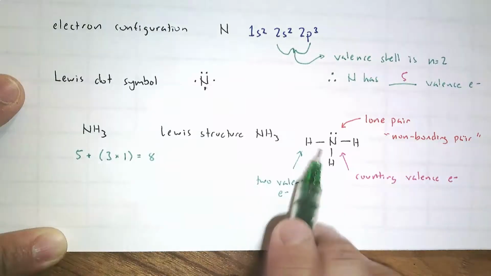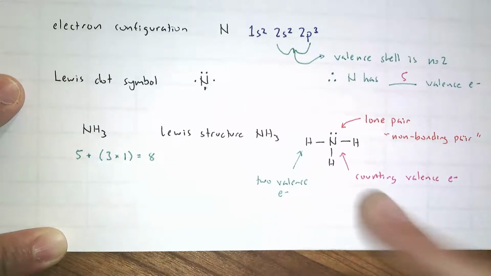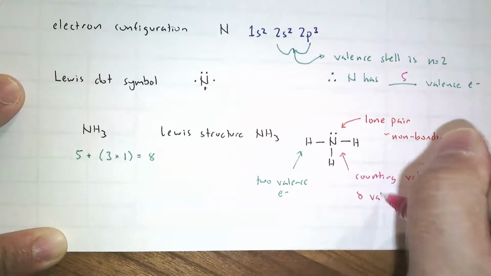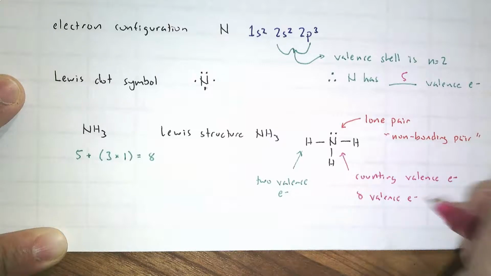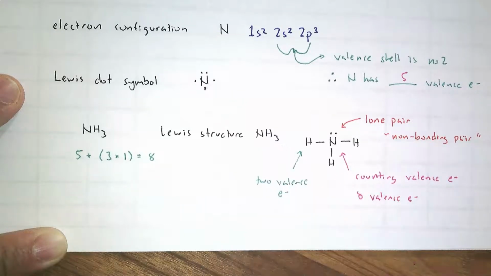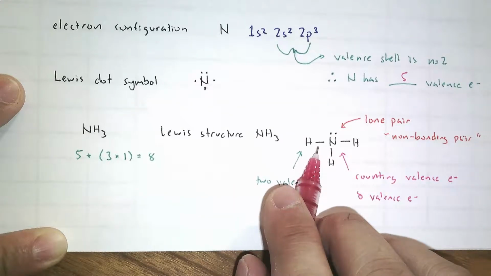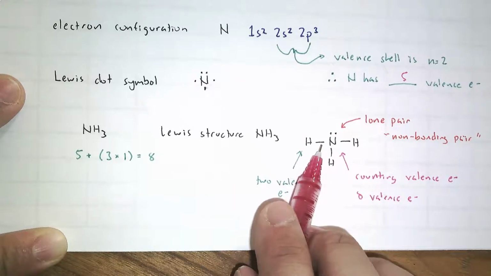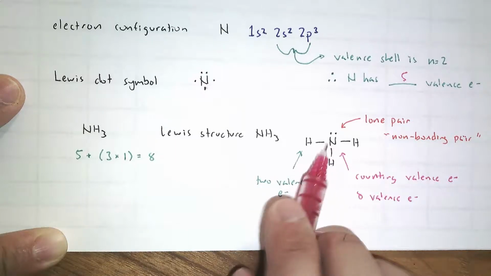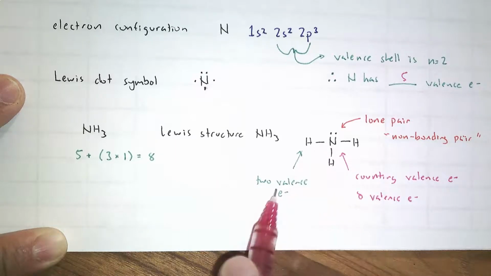It's filling its valence shell, actually. And this nitrogen here has 8. So when you're in a compound, we're basically double counting these 2 electrons, because they count as part of the octet rule for nitrogen, but they also count as the 2 valence electrons for hydrogen.